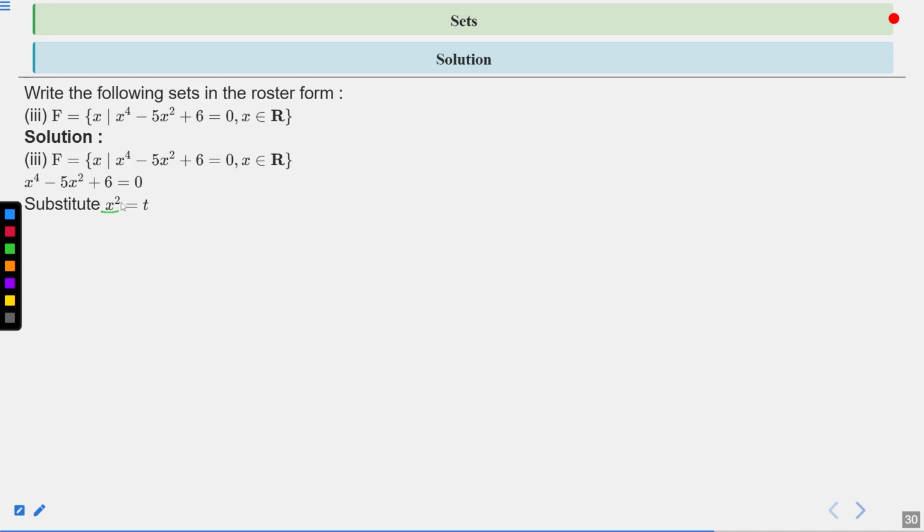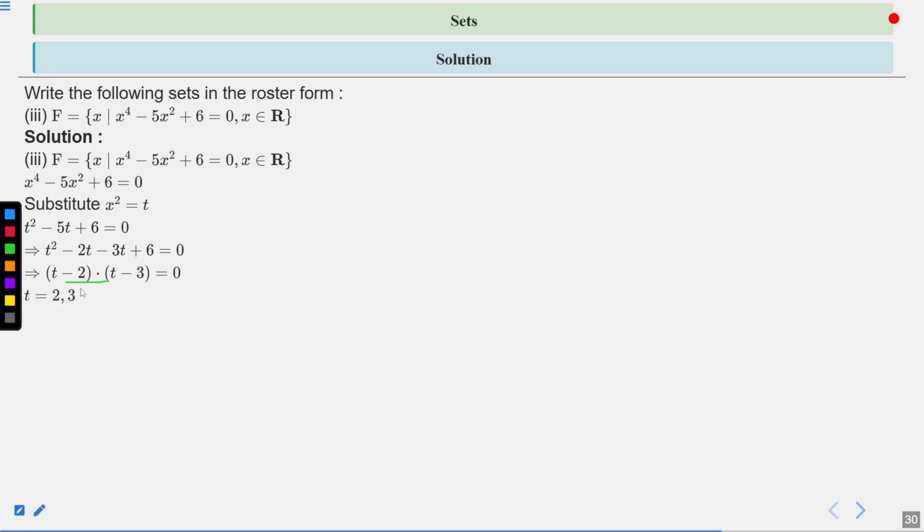Just substitute x square equal to t, and now you have a quadratic. So you can easily solve this quadratic equation: t square minus 5t plus 6 is equal to 0. Middle term splitting, we get t square minus 2t minus 3t plus 6 is equal to 0. So (t minus 2) times (t minus 3) is equal to 0.